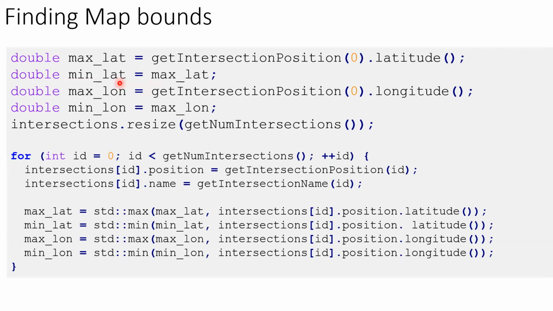std::max is the STL maximum function that will return the maximum value between the two parameters.